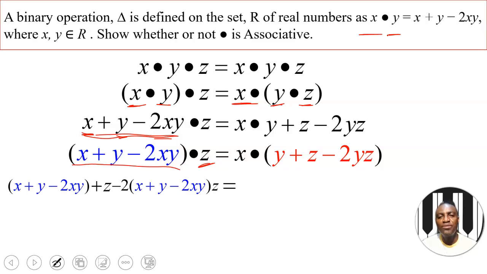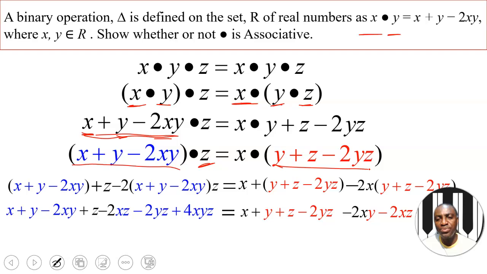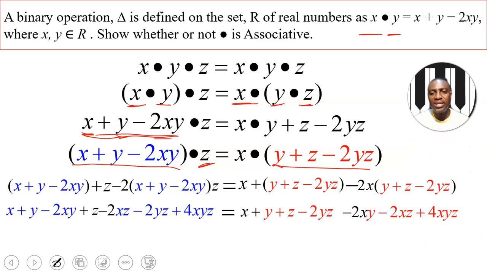Then I'm going to have my x here plus the whole of this representing my y, and then minus 2 times my x and then the y. You see that? Beautiful. Now I'm going to simplify the left hand side and that of the right hand side. When I do that simplification, I'm going to have the left hand side representing this, whilst the right hand side also representing that. So my question now for you is, check whether the left hand side is equal to the right hand side.